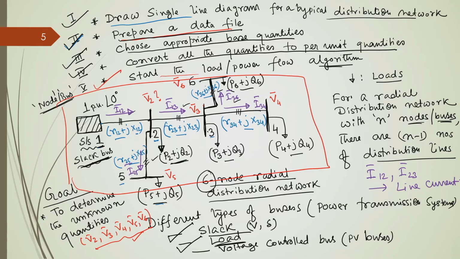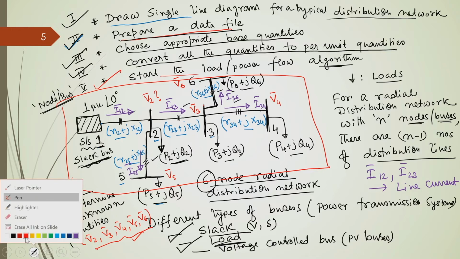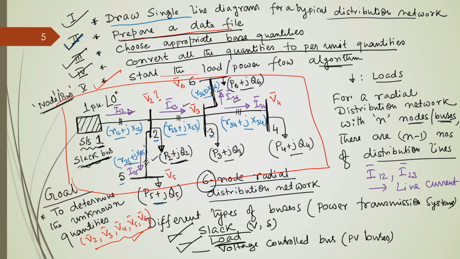Okay. And these load currents are the current drawn by this load. Let us represent in red color. So, load current is basically I L 2. So, what current is drawn by this load which is connected to this node 2.